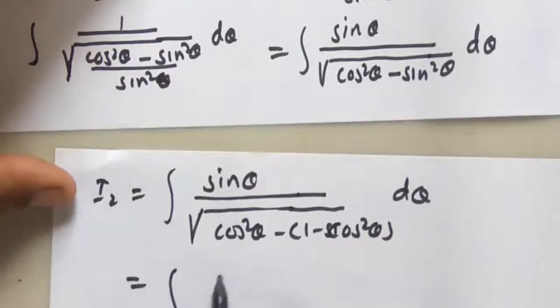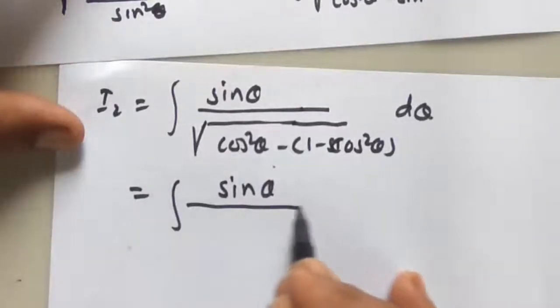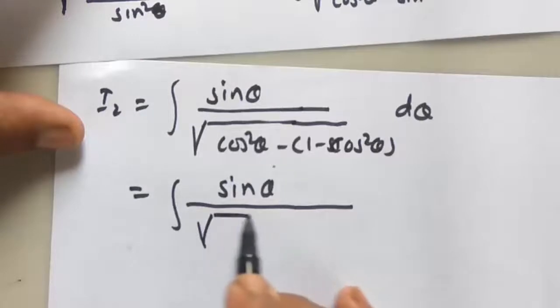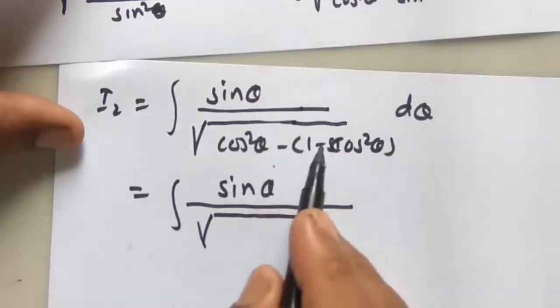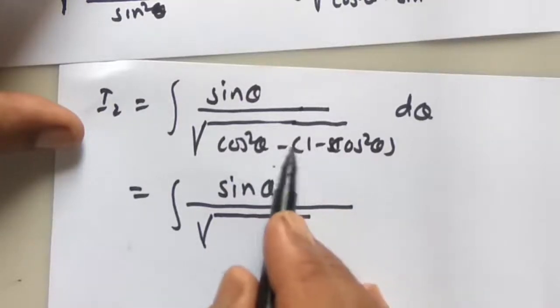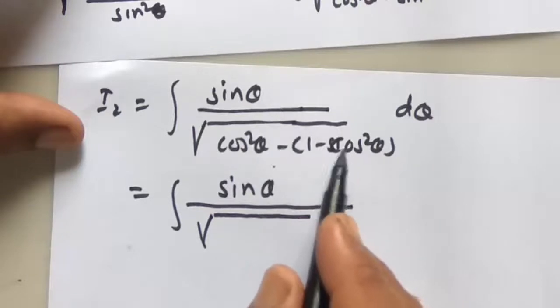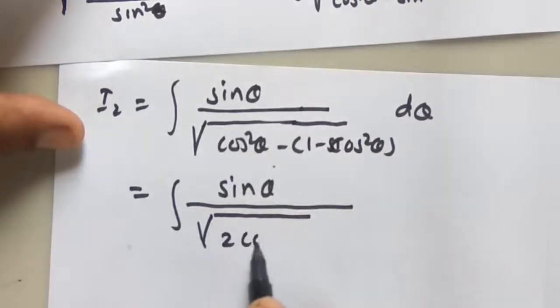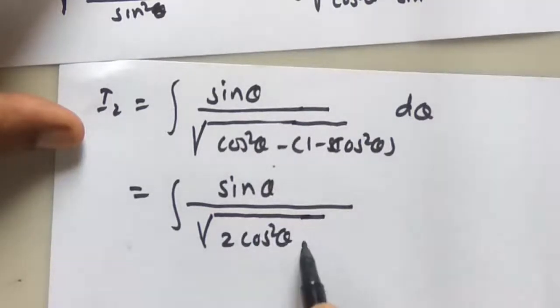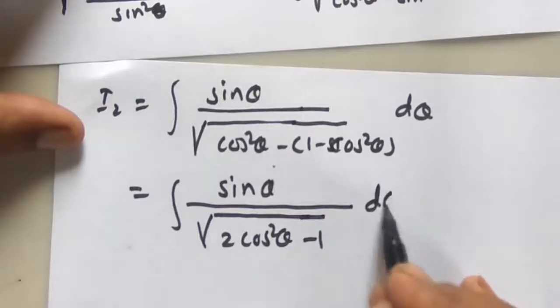Multiplying inside the bracket, minus 1 plus cos square plus cos square gives 2 cos square theta minus 1 d theta.